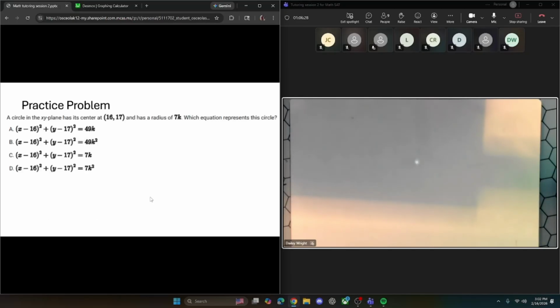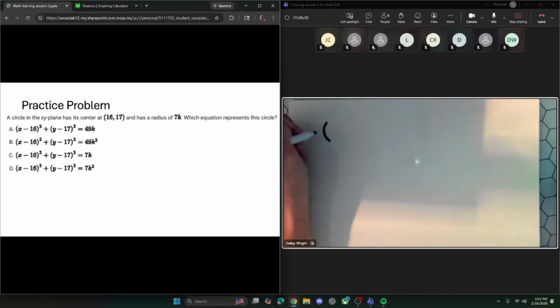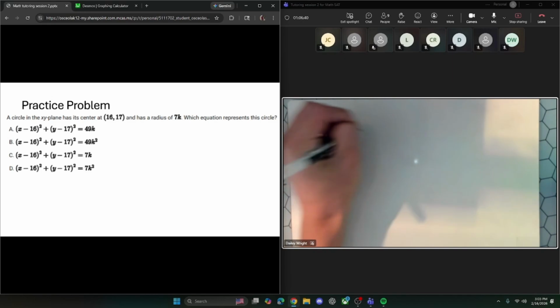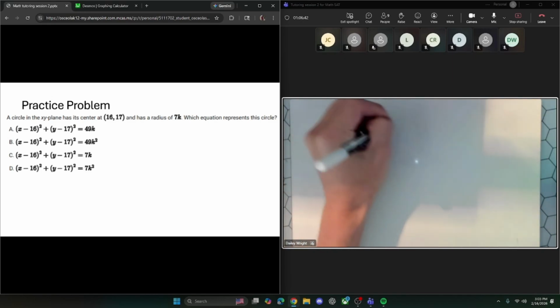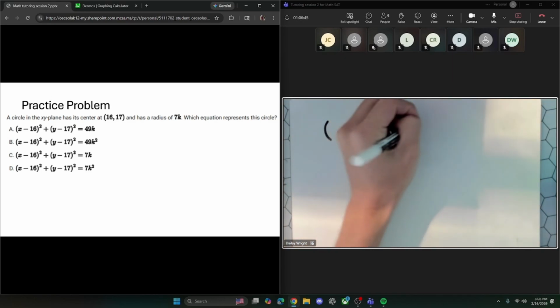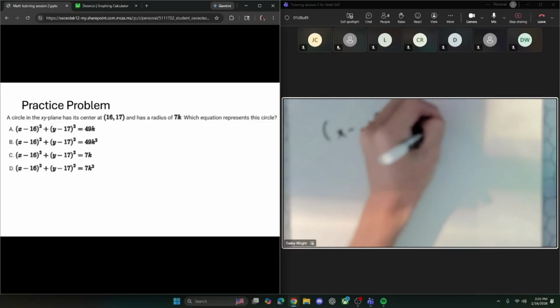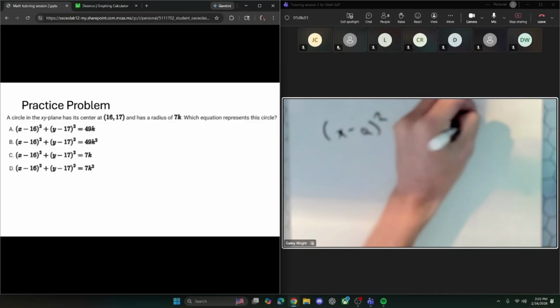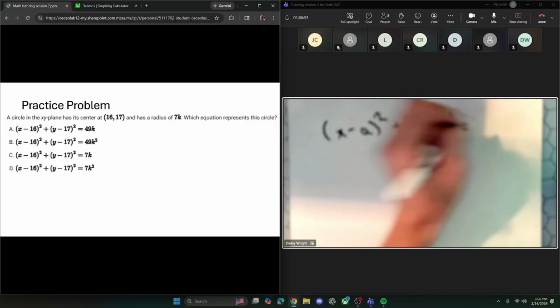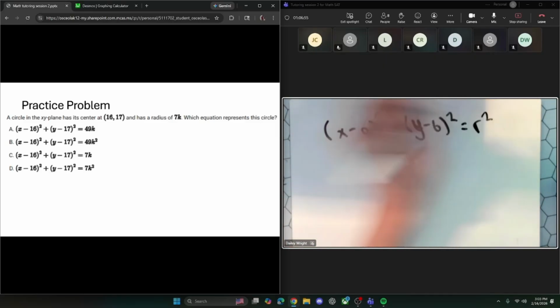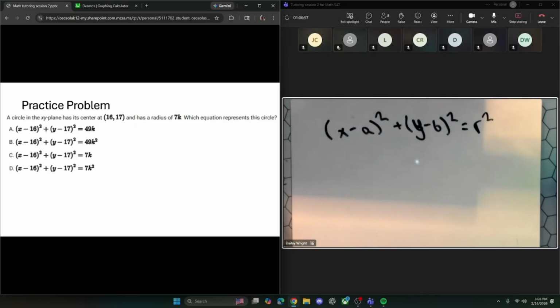Let's look at some. A circle in the xy plane has its center at 16, 17 and has a radius of 7k, which represents this circle. So let's write out our circle equation. x minus a squared plus y minus b squared equals r squared. Let's plug in each number.